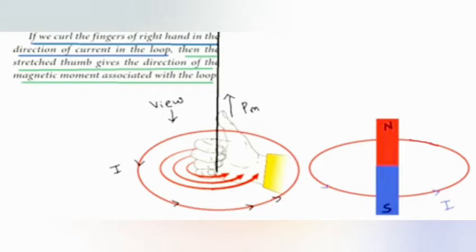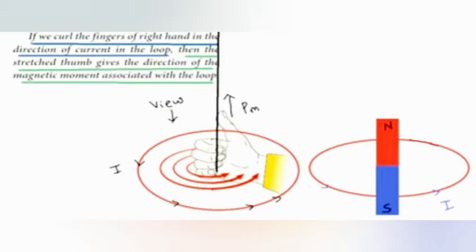If you see the diagram, the stretched thumb gives the direction of the magnetic moment, and the curled fingers are directed along the direction of current in the loop. So this is the diagram for the right hand thumb rule.